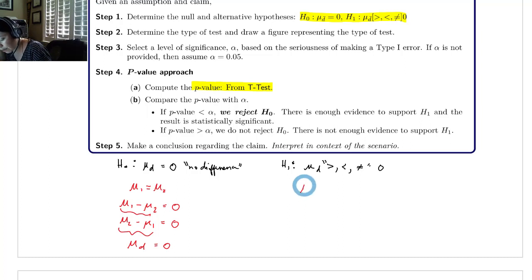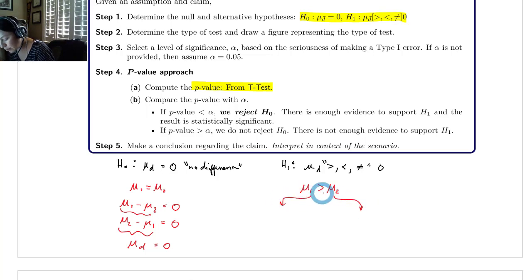So let's just say I have mu sub 1 greater than mu sub 2, right? I think before taking the acne medication had increased acne than after taking the acne medication, right? So let's say mu 1 is greater than mu sub 2. Because they're dependent sampling, I can only look at the differences. So I either can subtract, it goes in two cases.